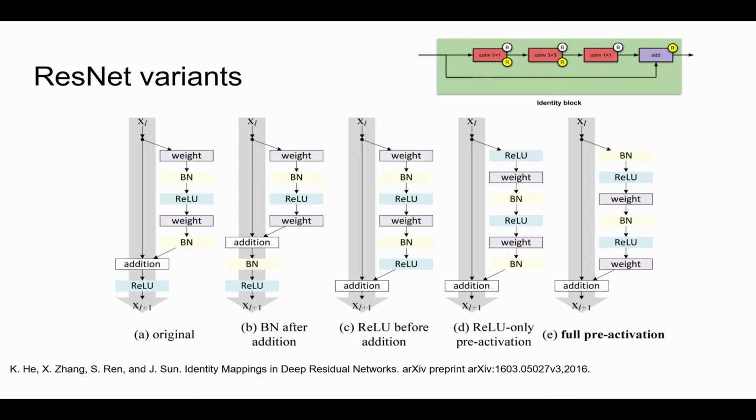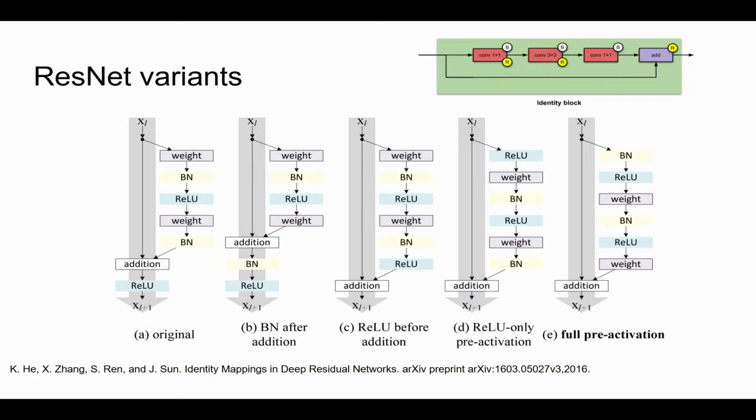And of course, everything has variants. For example, if you look at different variants of ResNets in computer vision, one idea you can find is, let's make the skip connection as simple as possible. The original ResNet has a nonlinearity after the addition on the skip connection.